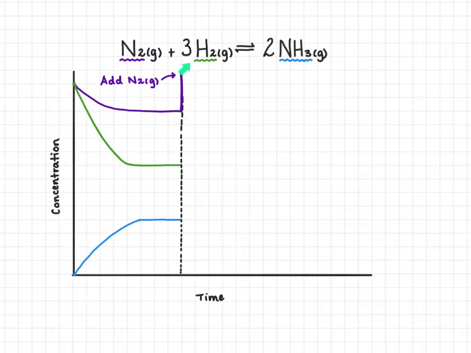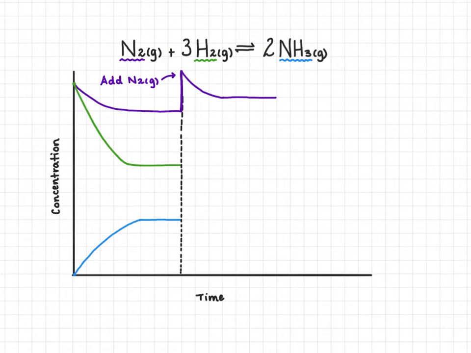So we add nitrogen, we see its concentration instantly go up, and then because the reaction will shift to the right, away from the added nitrogen, we'll see the concentration of nitrogen go back down. So the concentration of nitrogen will decrease to a new equilibrium position.